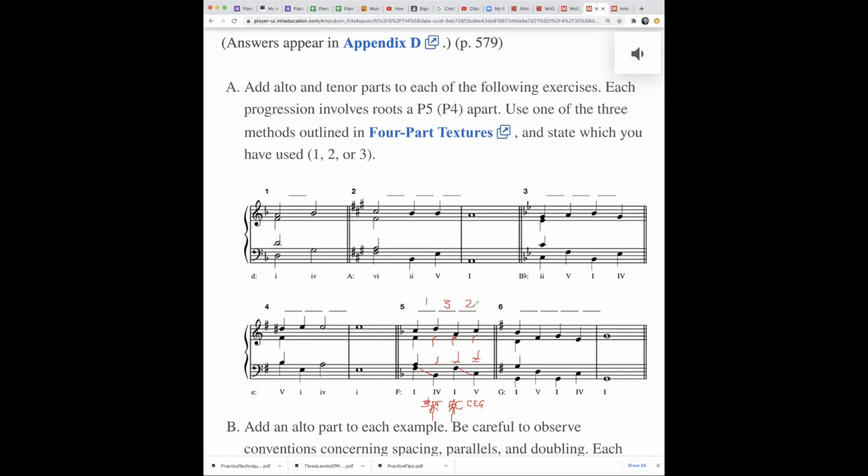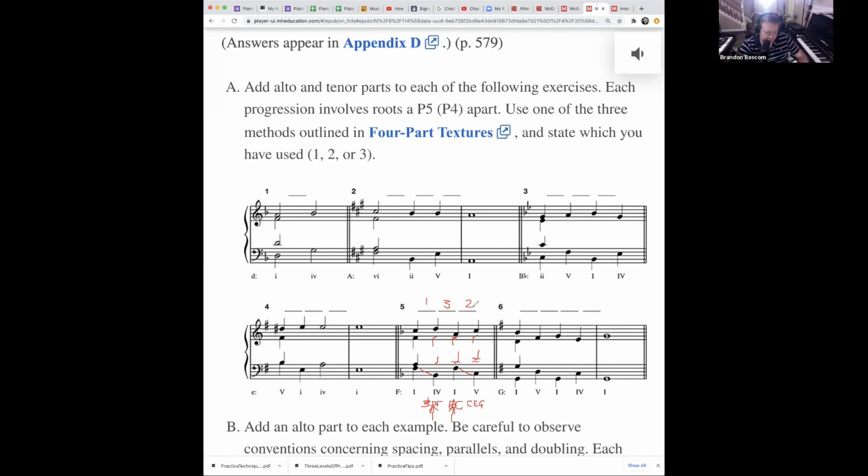Okay, so you're going to get two chords, and you're going to have to write all three ways. Do you think you could do that? We'll find out.